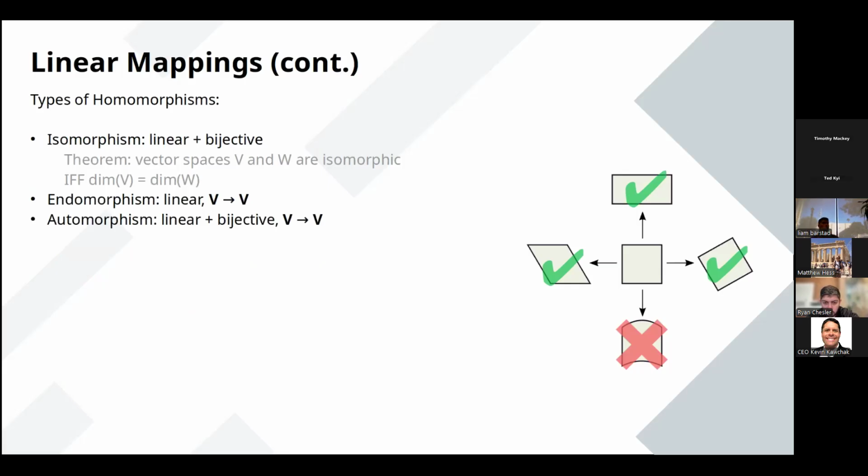An example Ted gave is, are we mapping from R3 to R2, where we go from 3 dimensions to 2 dimensions. An isomorphism is a linear and bijective transformation. Two vector spaces are isomorphic, both linear and bijective, if and only if they have the same dimensions.